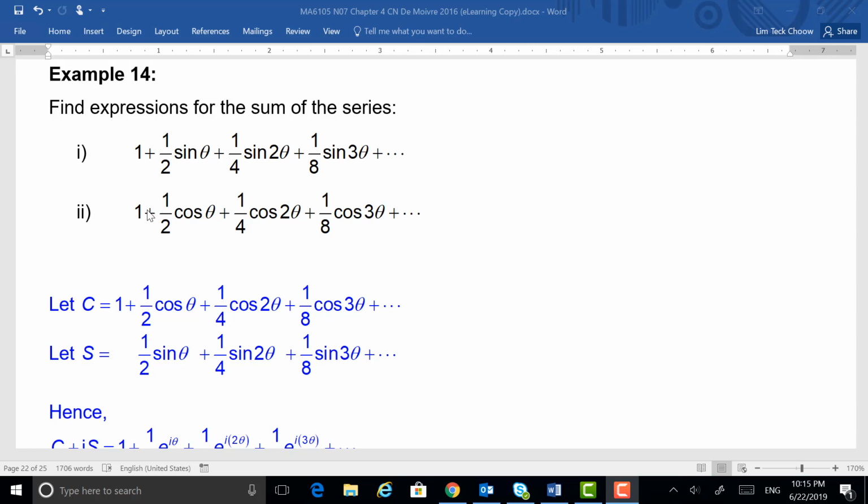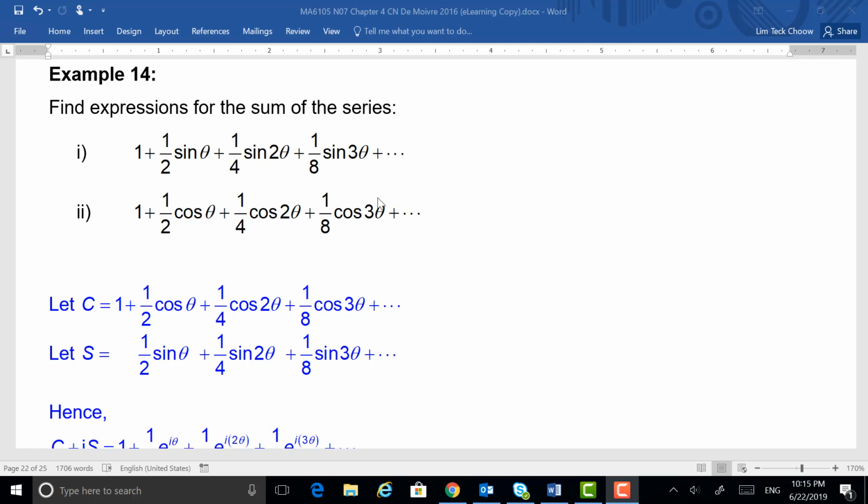You stop at something like cos 10 theta in the earlier example. Whereas in example 14, in part 1 and part 2, you actually have infinite series. You have two infinite series. And like the earlier example, we are going to make use of complex numbers to help us to find the sum of series of trigo functions.